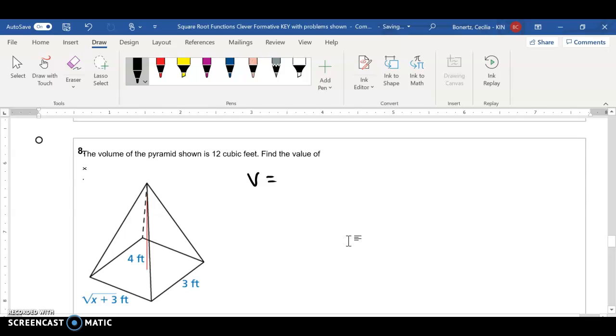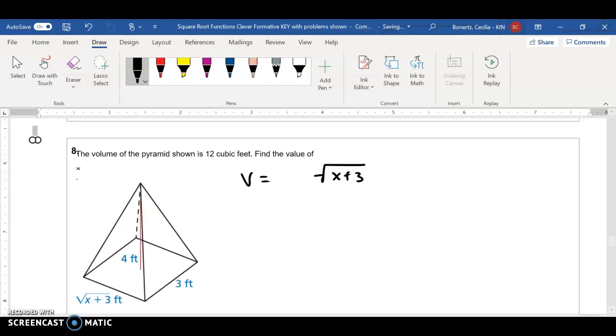So the volume of my rectangular prism is going to be the x plus 3 times 3, and then times the height of the pyramid, which is times 4. So this would be the rectangular prism, but because it's a pyramid, I multiply times 1/3.